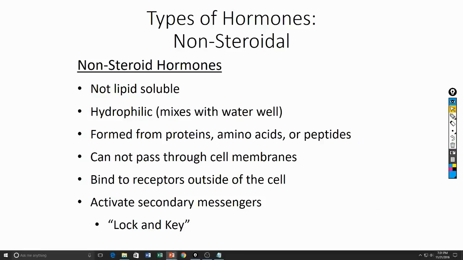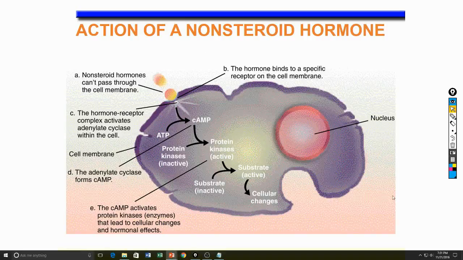Looking at a better picture here, this is how that non-steroidal hormone interacts with the cell. It comes here, it binds. You don't need to memorize all this stuff down here, of course, but typically once it gets into the cell, you have a cascade of reactions, where substrates and protein kinases are activated.